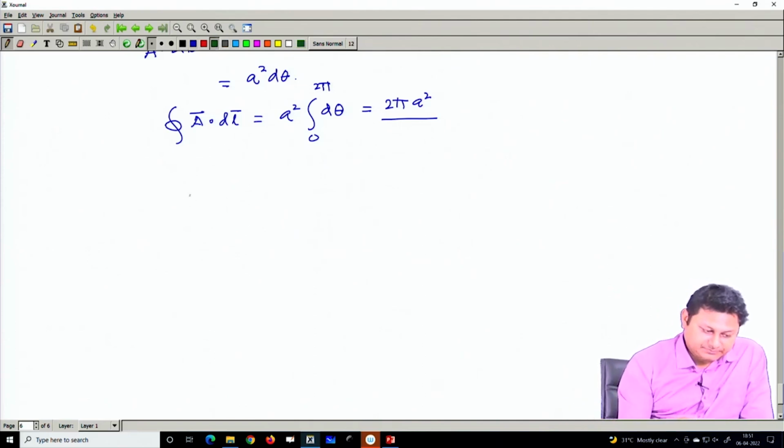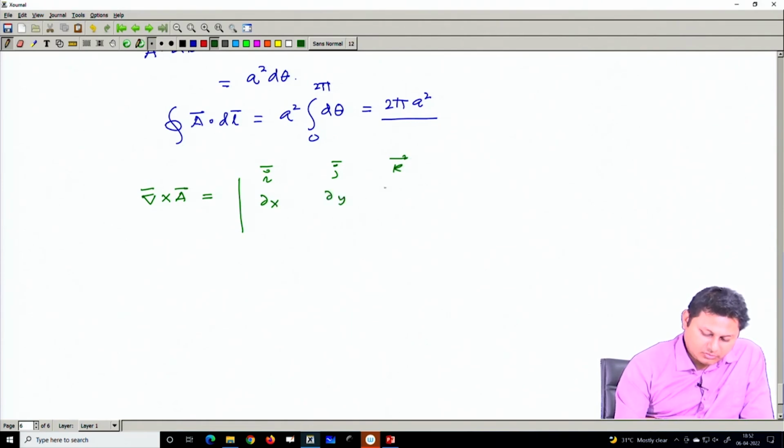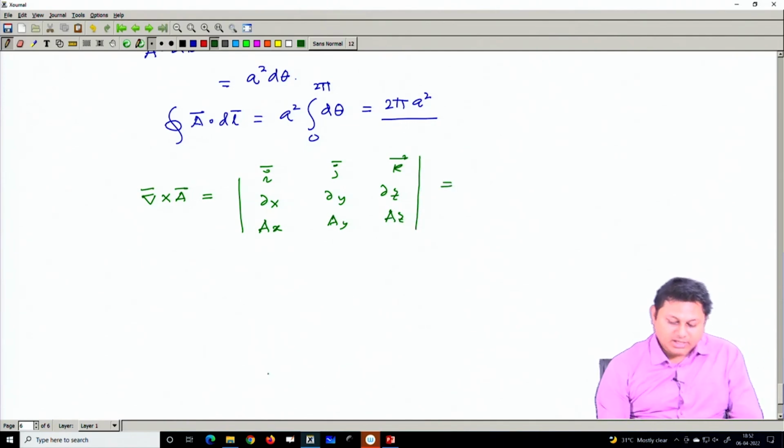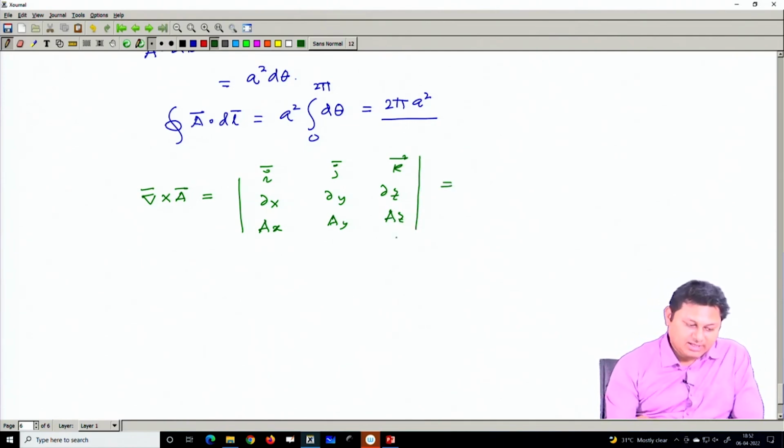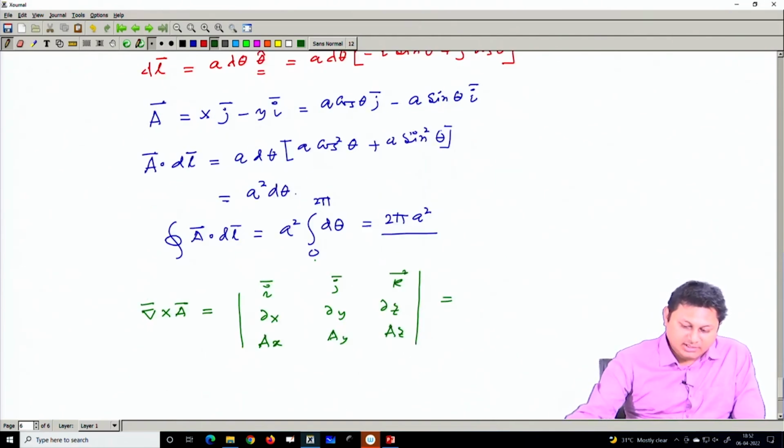Now, the next part is I need to calculate the curl of A. Curl of A is the determinant with i, j, k, then del x, del y, del z, then A x, A y, A z. What is A x here?